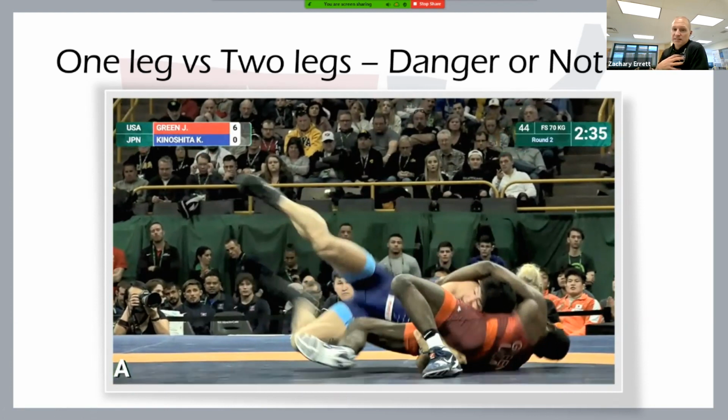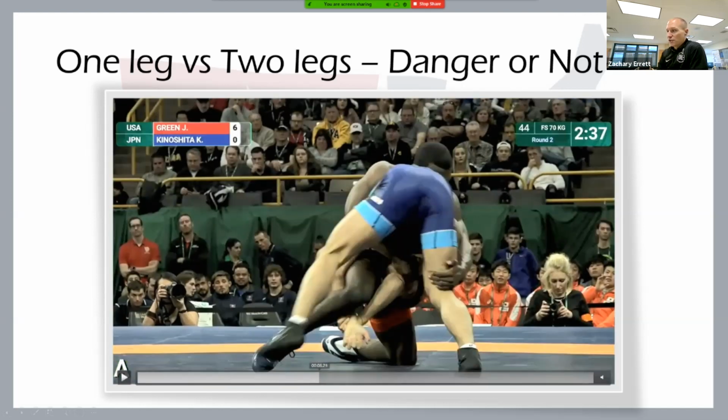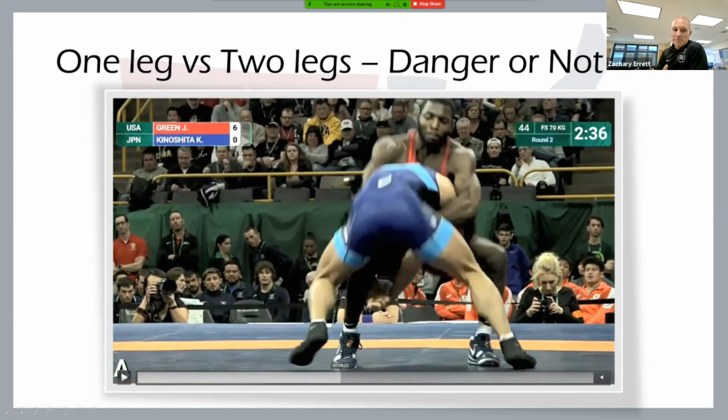Now, here's what I'm going to tell you. If you make a counterattack and you go to your own back in the process, you better make sure they go to danger. Because if they don't go to danger, you're giving up the most points in this process. Because the initial attack was by blue. So blue's still working on the leg. Red decides to commit to this counterattack.